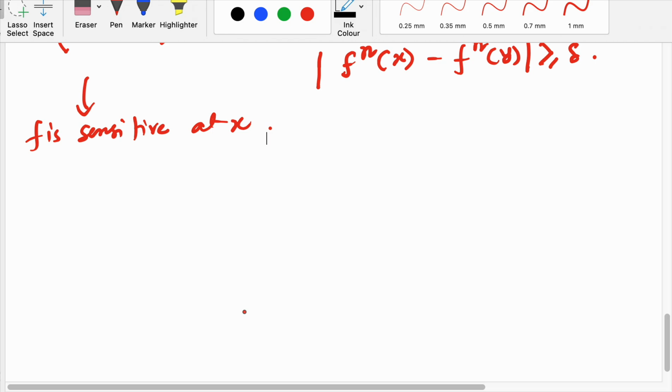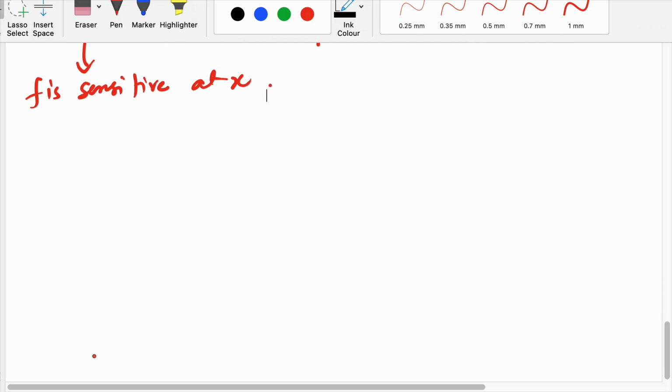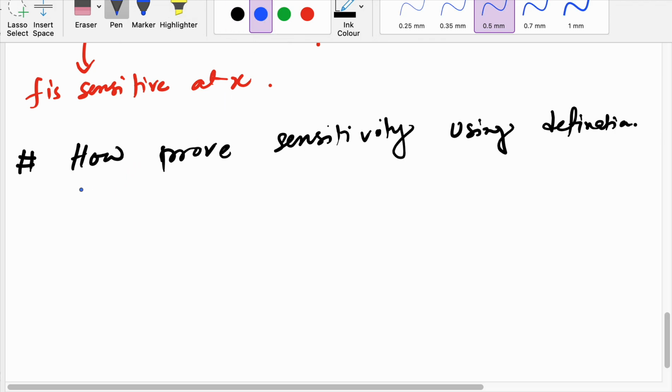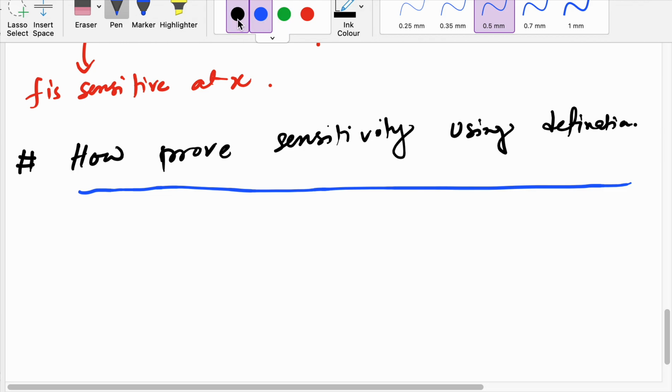So let us make clear how to prove sensitivity using the definition.